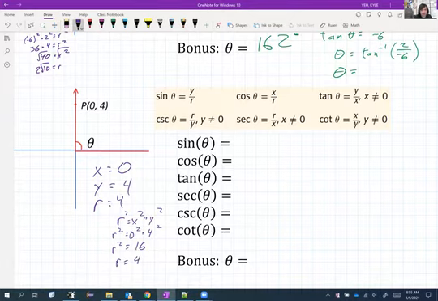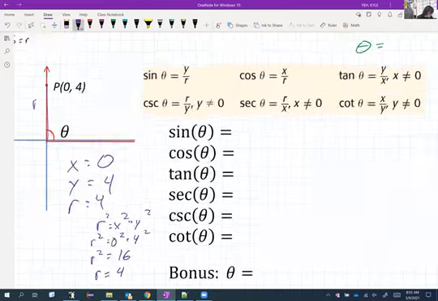Does that kind of make sense in your mind? Because we always draw r from the point back to the origin. So if we went 0 to the side and 4 up, it does make sense that r equals 4.